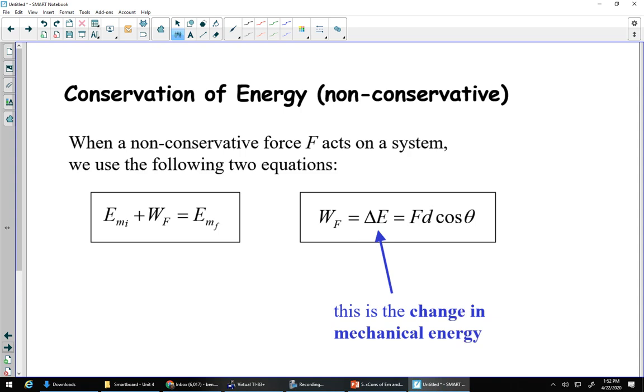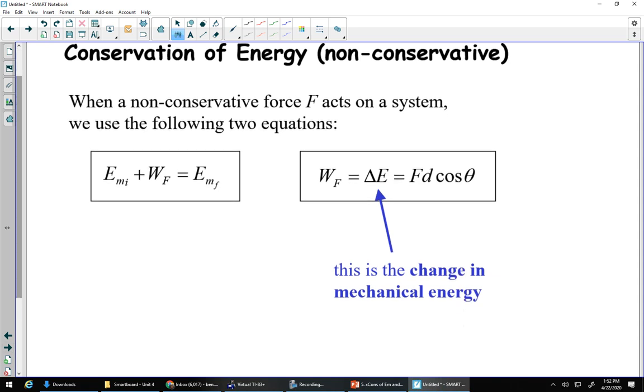So here's the big thing that we looked at here. We've got our conservation of energy, which is ETI equals ETF, and that works for everything. That is just a very general conservation of energy. What we talked about in the previous lesson was that our initial mechanical energy is equal to our final mechanical energy, which we broke apart into kinetic and gravitational, and if you stuck around, spring.